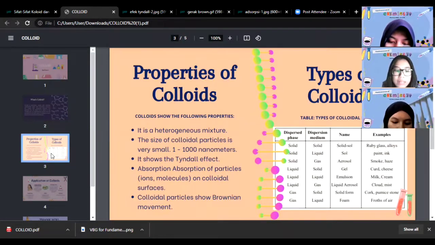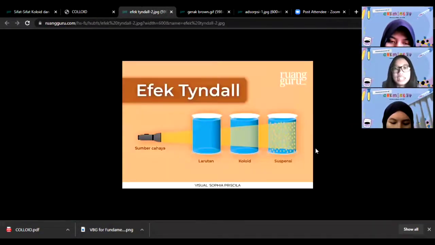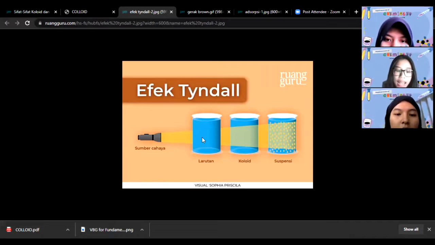Okay, when a light beam is directed into a solution, the light will be passed on. So, here is the picture of it. This is a solution, this is colloid, and this is suspension. If the light beam is directed into the solution, the light will be passed on, and so we can see it.